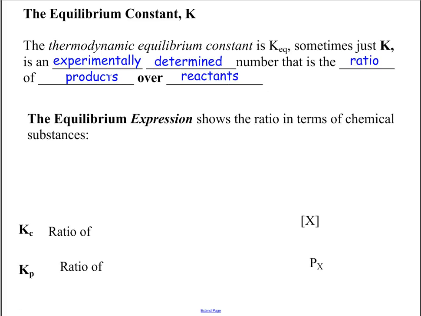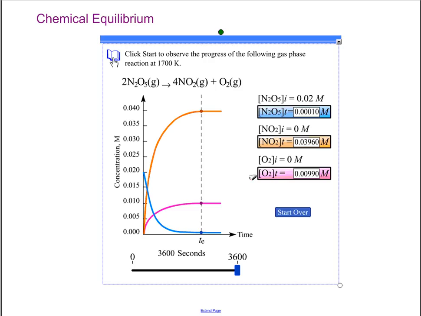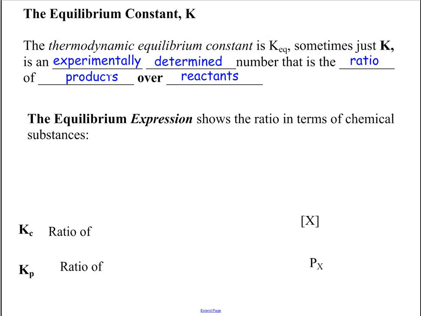So going back a page or two, we could calculate an equilibrium constant if we knew, which we do, the concentrations of products over reactants. We're actually going to do that later.